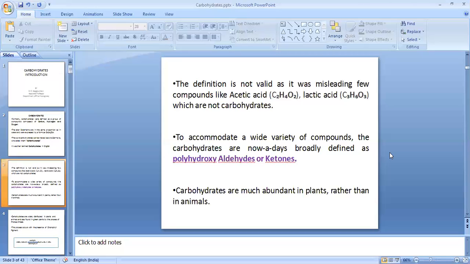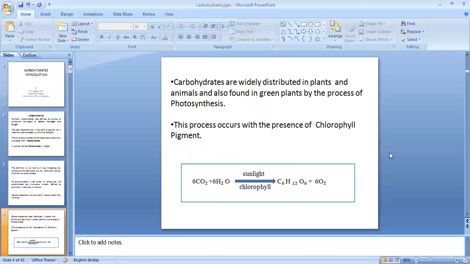When you see the occurrence of carbohydrates, they are much more abundantly present in plants than in animals. These carbohydrates are widely distributed in plants and also to some extent in animals, and they are usually produced in green plants by the process of photosynthesis. You know very well, starch is produced by photosynthesis.